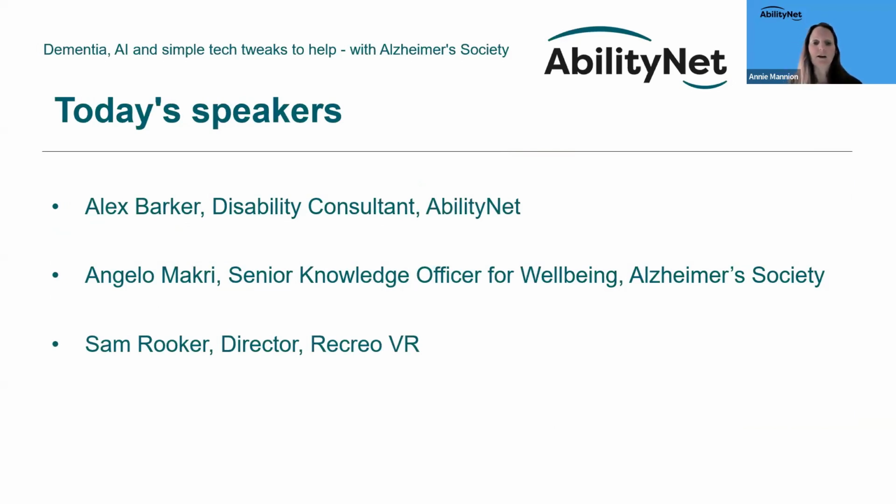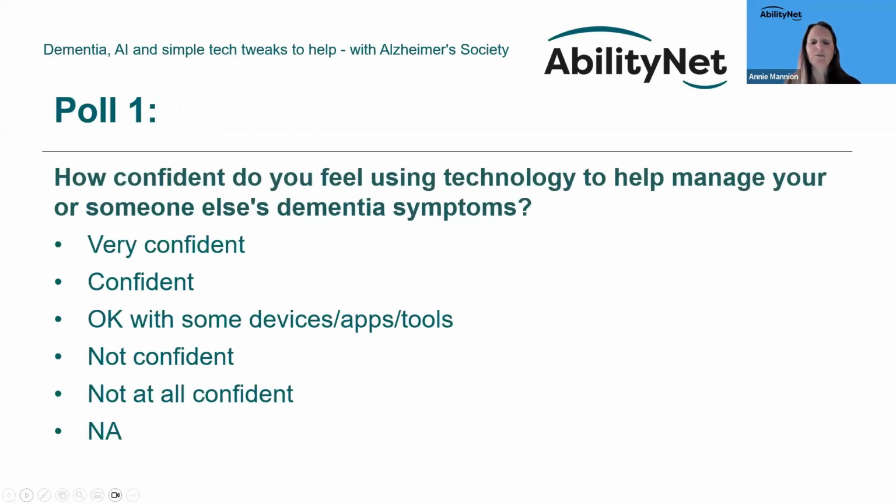He's going to share how Alzheimer Society can help people with dementia and their carers with tech and some of the risks with tech to bear in mind. And then finally, we have Sam Rooker, who is Director at Recreo VR, which has been working on a unique and really valuable and rewarding VR project with Alzheimer Society. So you'll see that in action towards the end of the webinar. I hope by the end of today, you'll have learned key ways you can use tech if you have dementia or for anyone caring for someone with dementia.